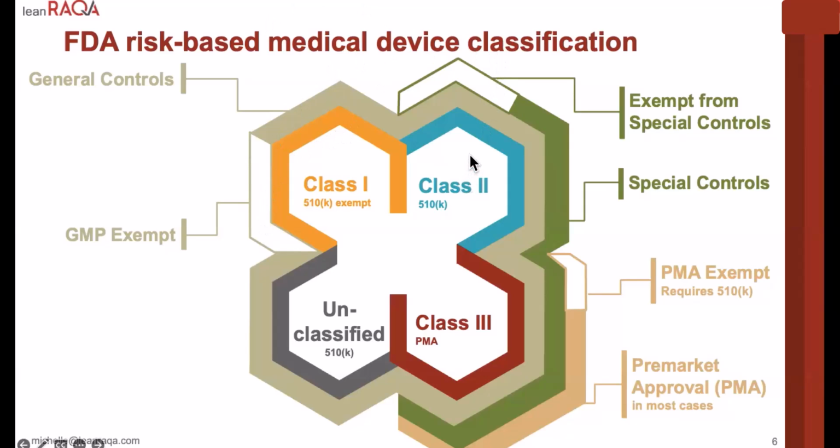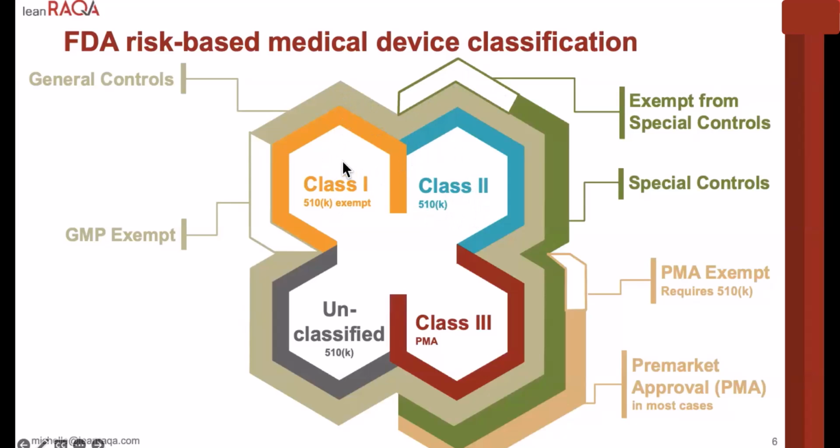Then on class 2 controls, there is a layer of controls on top of that called special controls. Special controls can include things like special labeling requirements, a product-specific guidance document, a recognized consensus standard, maybe post-market surveillance requirements or studies. And then there will be a subset of those that are exempt from those special controls, namely exempt from a 510K.